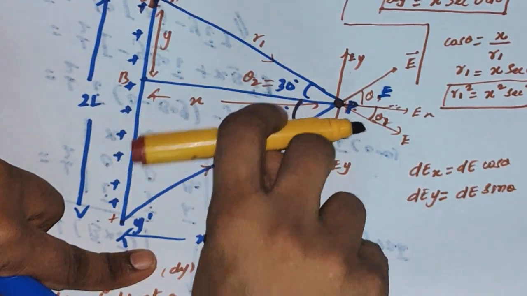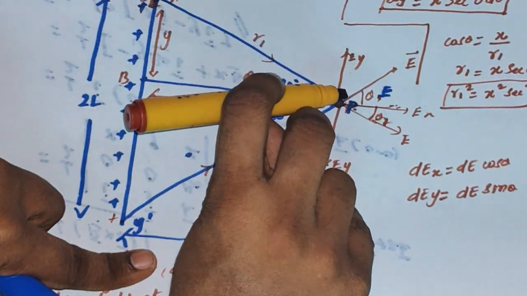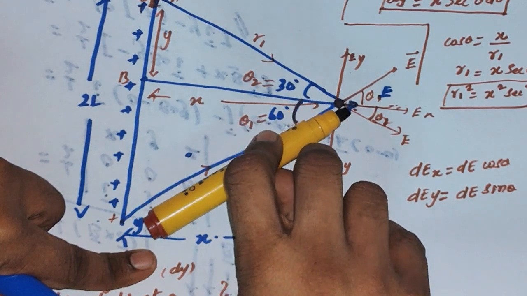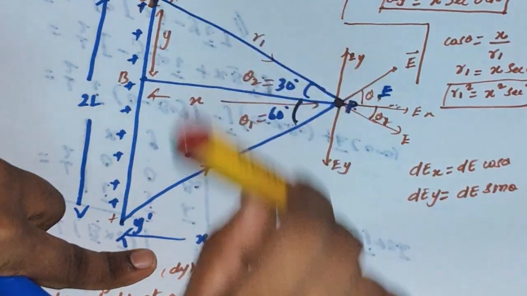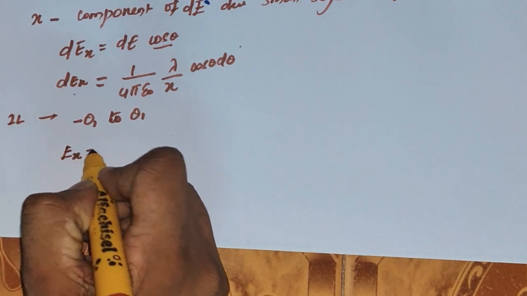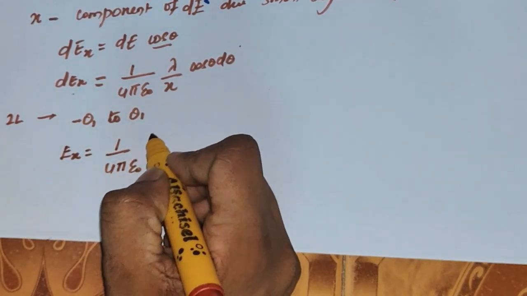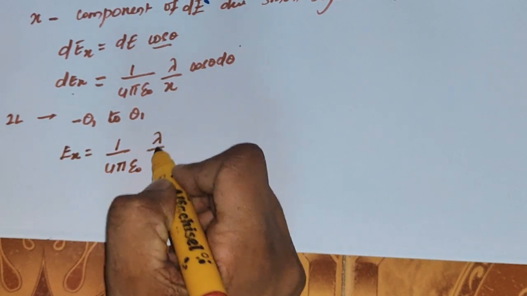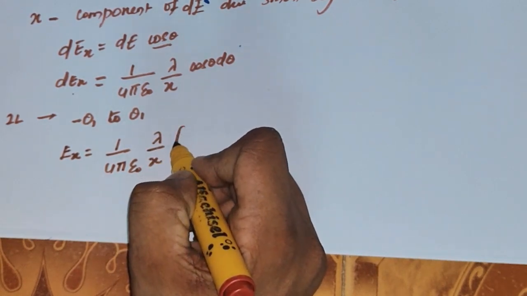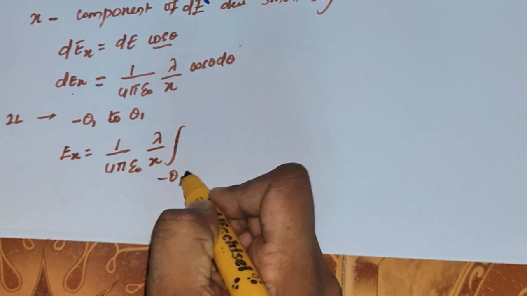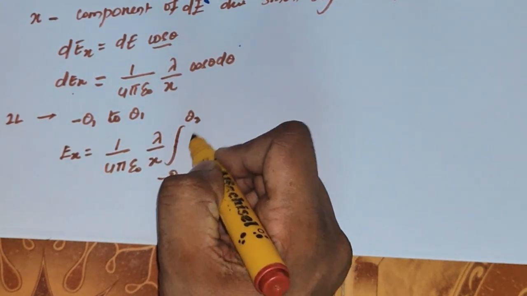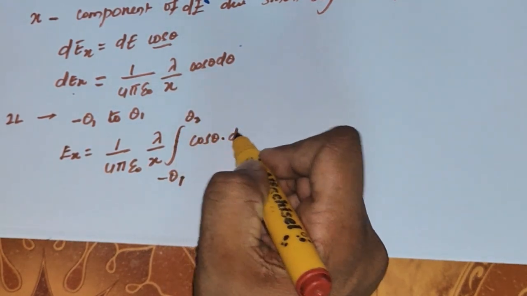So for the electric field at P due to this total length, you need to take the integration from minus theta 1 to plus theta 2 on the right hand side. On the left hand side, it is Ex, the total x component of the electric field due to the total length, equal to 1 by 4 pi epsilon naught. Lambda is constant, x is constant. Just the integration from minus theta 1 to plus theta 2 of cos theta d theta.